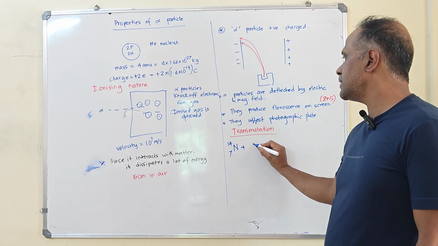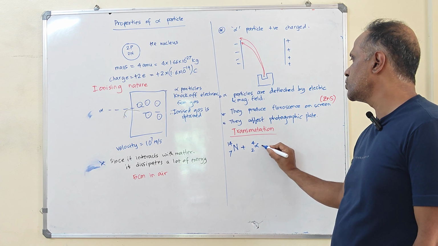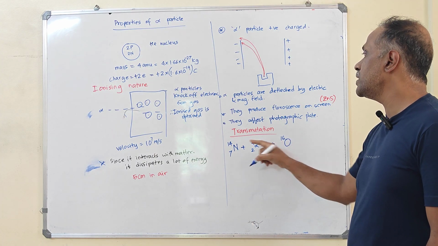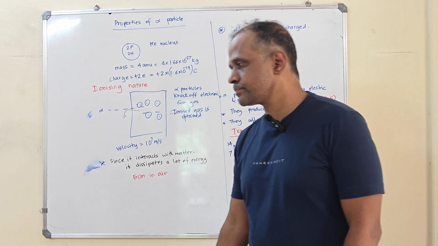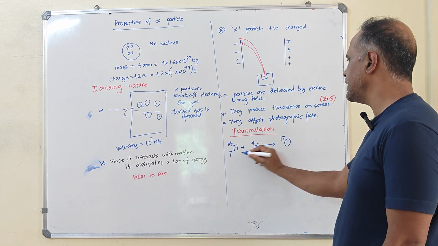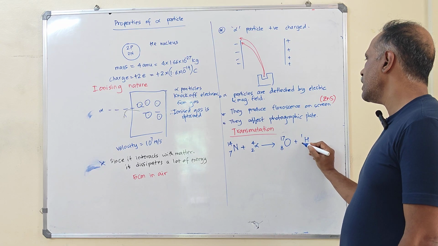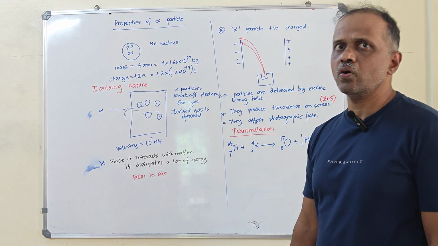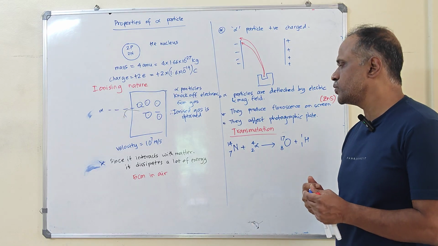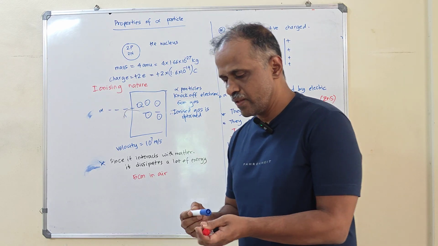Now if an alpha particle, with mass of 4 and charge of 2, is incident on it, then we get an isotope of oxygen, with mass 17 and atomic number 8, plus we get a hydrogen atom along with it. So this is called transmutation, that is, the conversion of one atom into another.